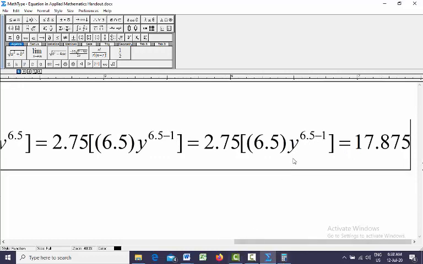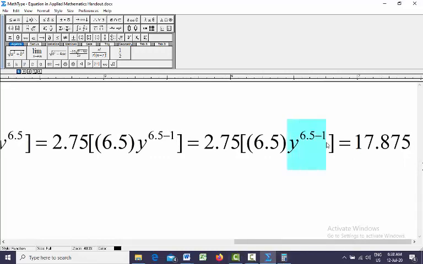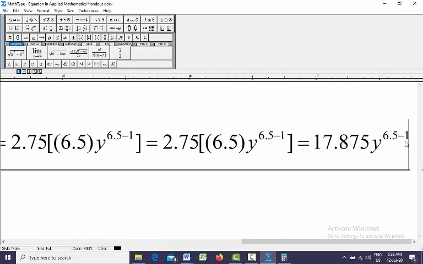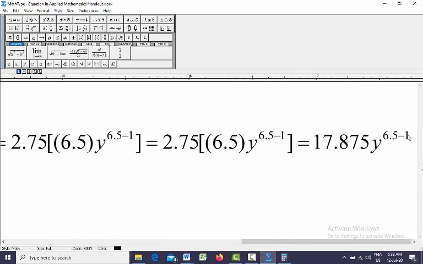Right. And then we have y to the power 6.5 minus 1. So if you deduct 1 from 6.5, we get only 5.5. So this is the answer.